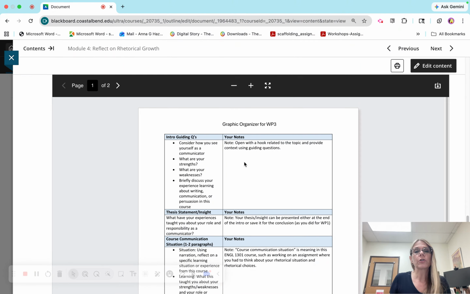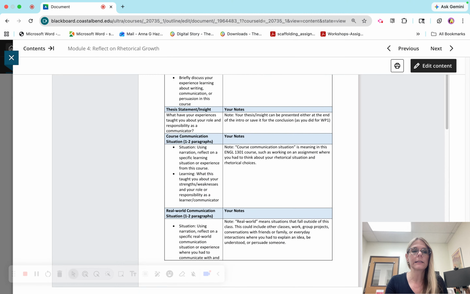The guiding questions on the left are questions that I think are good to help you think about each area, as well as the main point you're making or the main insight you're going to be developing in your draft. Okay, so this is a tool. Use as needed. I hope it helps.